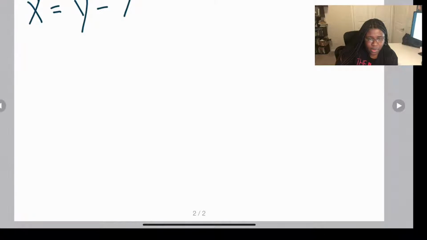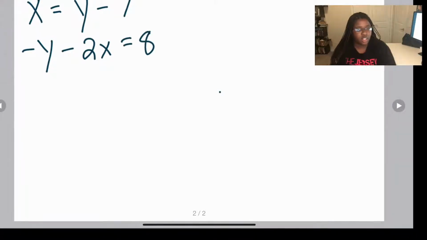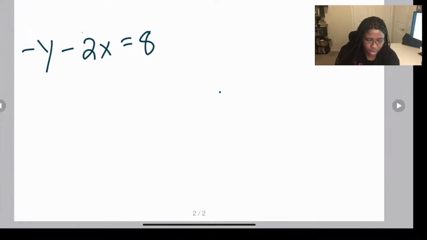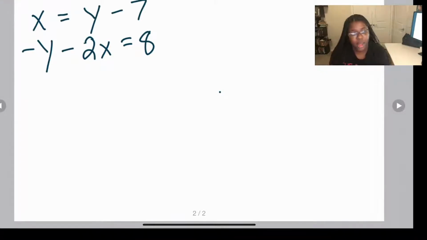And then the other equation was negative y minus 2x equals, I think that's 8. I can't really read it very well, but these are our two. Can't see that top one. Let me make it x equals.